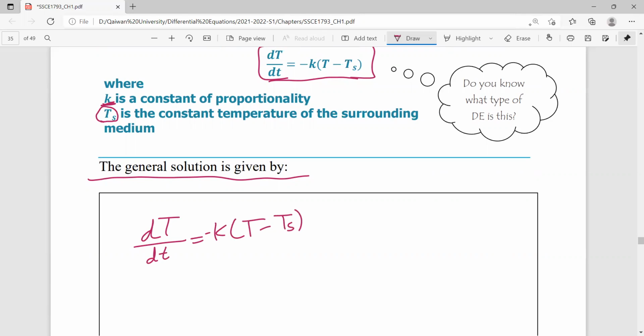Ts is a constant. In separable differential equations, what we do first is multiply both sides by dt. If we have dx, we multiply by dx. But here we have dt in the denominator, so we multiply both sides by dt.